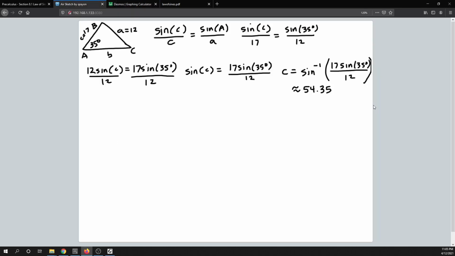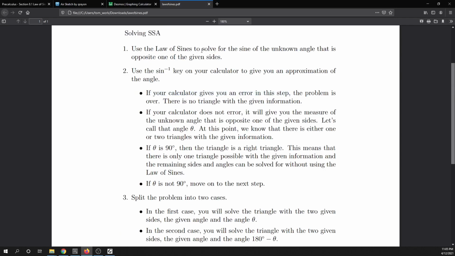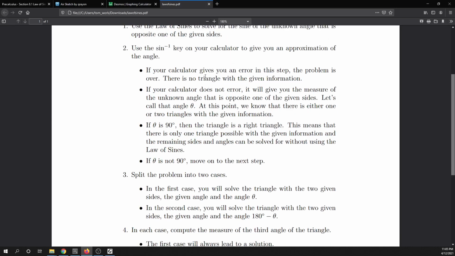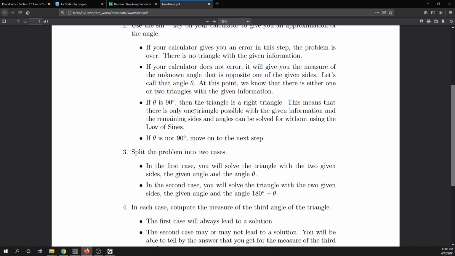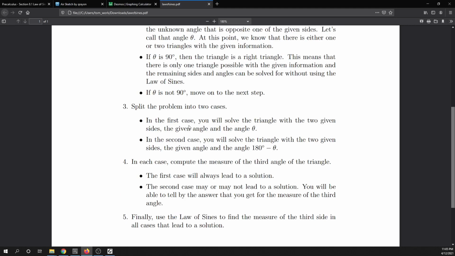So we have angle C. And so looking at our procedure that we're using for the law of sines, we solve for sine C. We use the inverse sine function on the calculator to get an approximation of the angle. We didn't get an error, and we didn't get that the angle was 90 degrees.